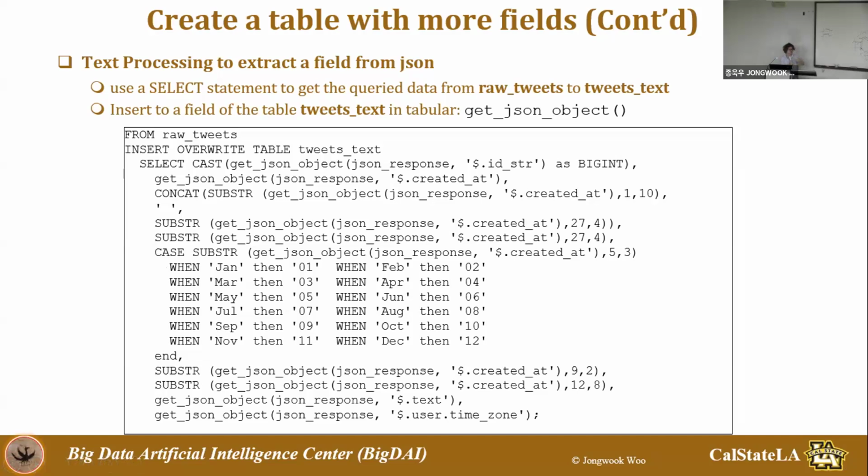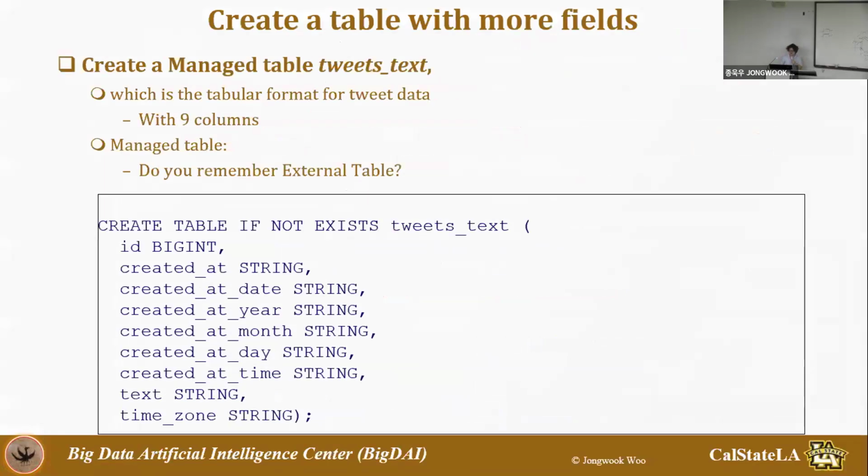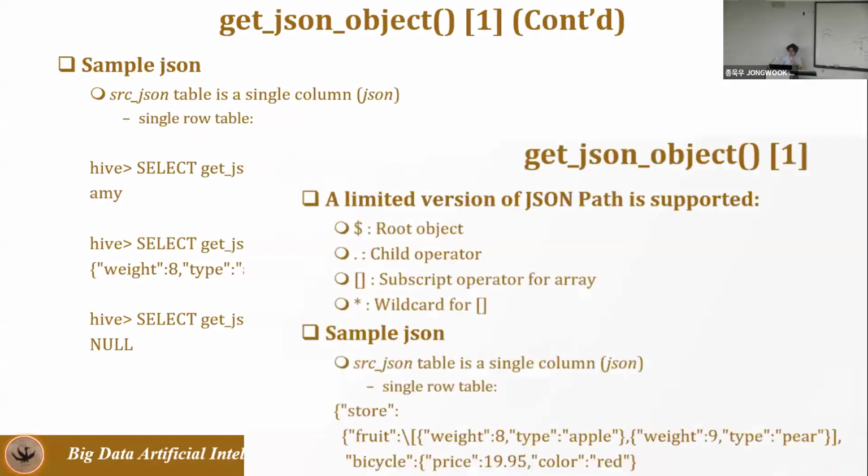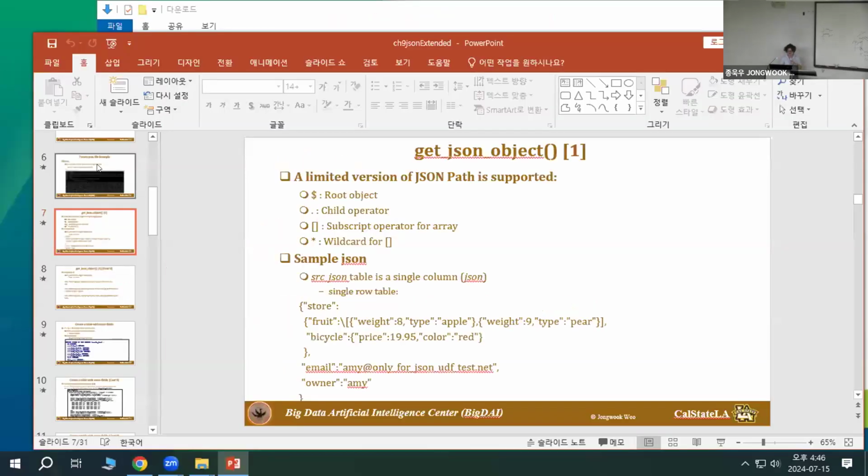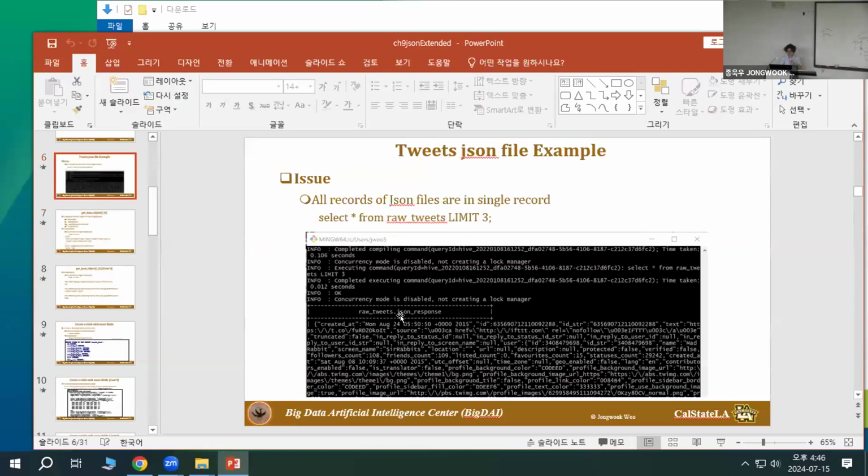So does it make sense? You start with one single line of record that looks like this. So you have only one column, the raw JSON response, and each record is one single string.